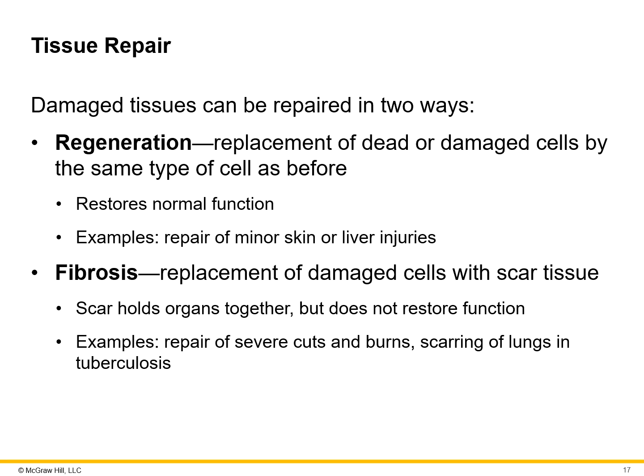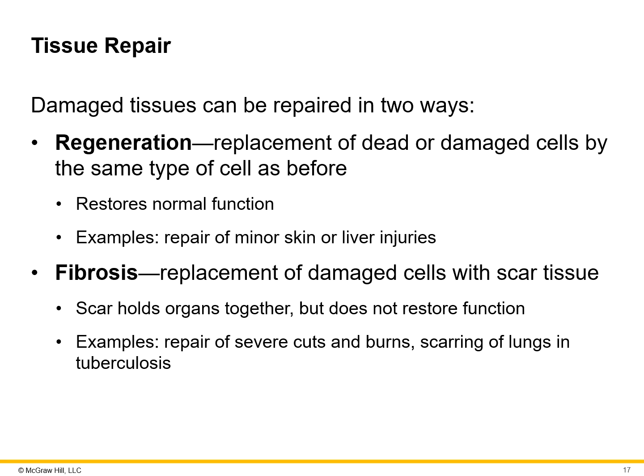Fibrosis is the replacement of damaged cells with scar tissue. That scar tissue is going to fill in the spaces that are too far apart or too far removed, so mitosis cannot fill those spaces in.